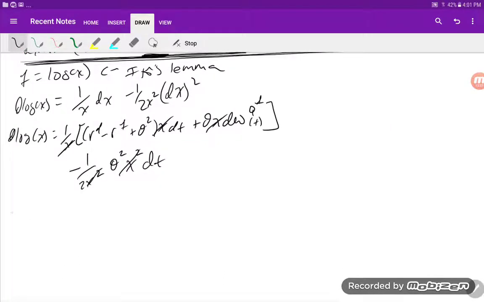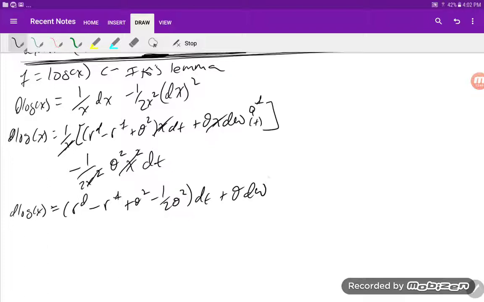Simplifying and bringing together our like terms, we have d log of x is equal to rd minus rf plus sigma squared minus 1/2 sigma squared dt plus sigma dW^QF at t.